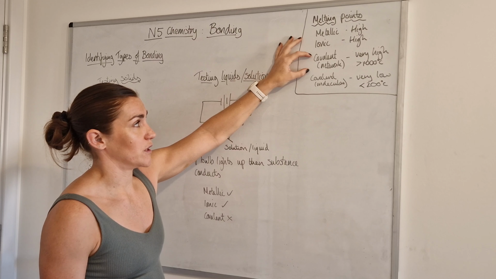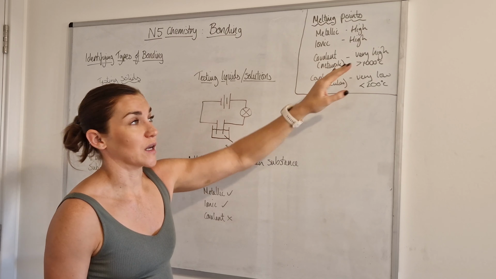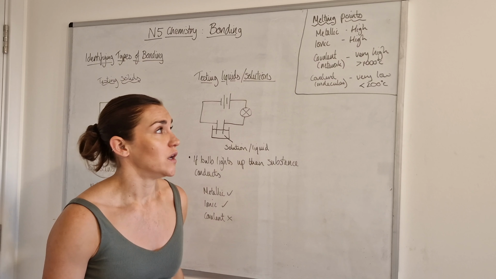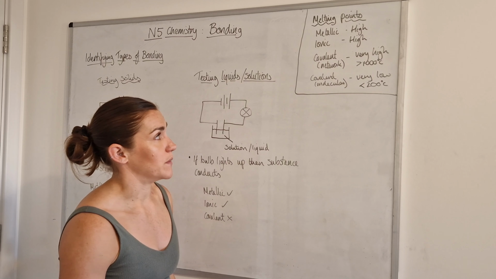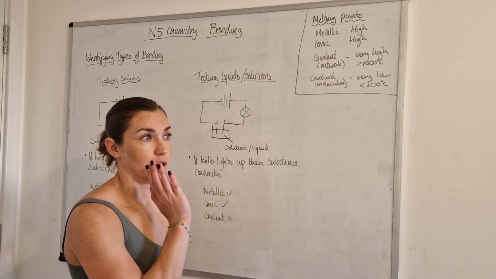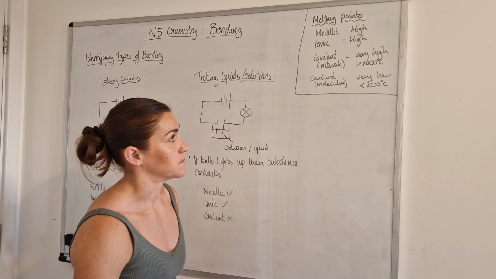For a covalent network, it will have a very high melting point or boiling point, like above 1000 degrees. So they're usually quite easy to spot from the melting and boiling point information, but you would also be looking to test the conductivity as well, and you'd be looking for no as a solid and no as a liquid or in solution.